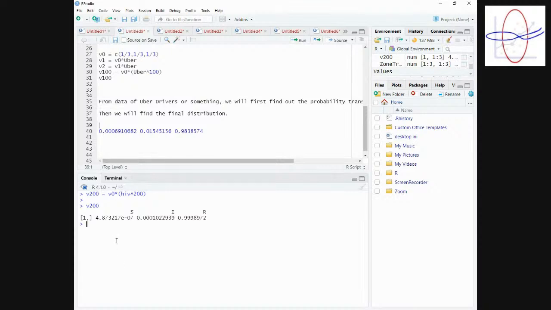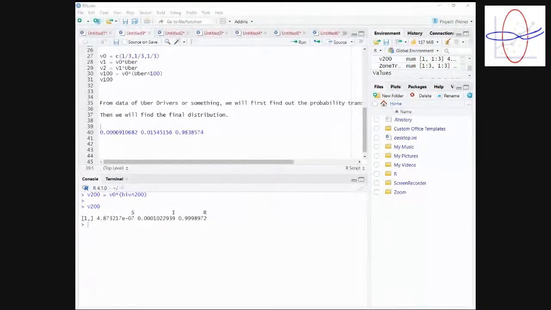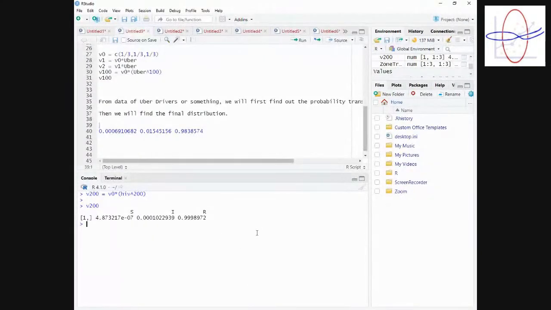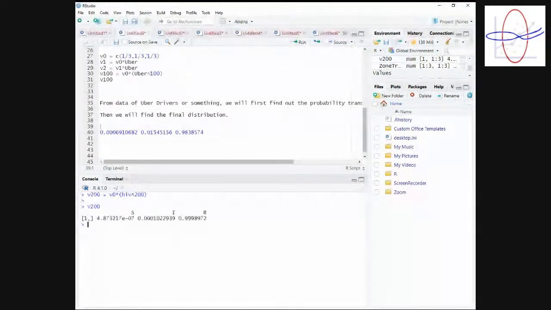Can you tell me now where it is going? Can you tell me any ideas? You have seen this. Any ideas? Please unmute yourself. I cannot really go back from R to the Google Meet. I want you to reply via voice if it is possible for you.